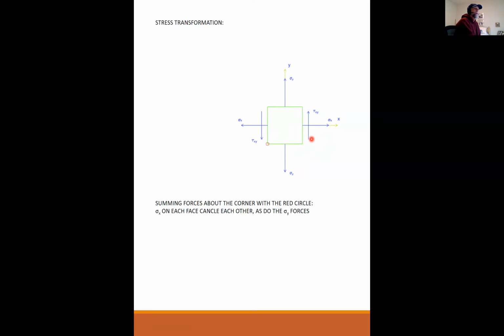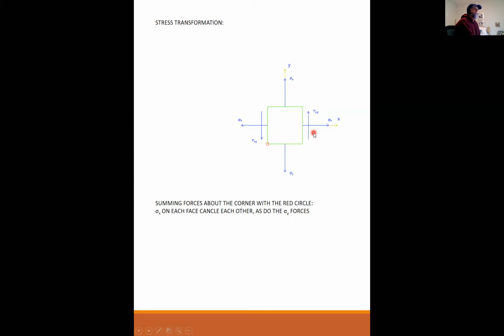Summing moments about the corner of the red circle, the sigma x's cancel each other, the sigma y's cancel each other, but notice you have this tau xy with a moment arm of the width of my cube that is not canceled by this shearing stress. This stress has no moment arm, but this one does.